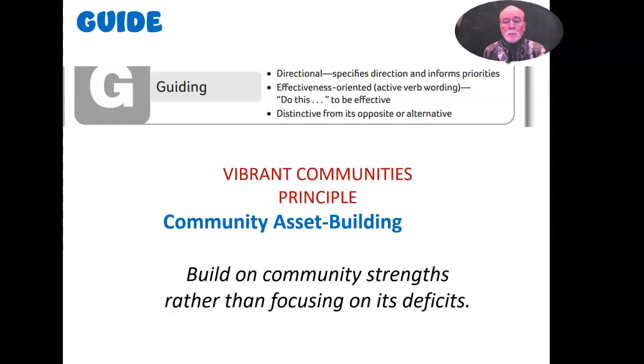So when we look at the Vibrant Communities principle of community asset building, the principle is to build on community strengths rather than focusing on its deficits. That provides clear direction. Seek strengths, identify strengths, build on strengths. It uses an active verb, build, and it's distinct from its opposite, which is to focus on deficits or problems. Build on community strengths rather than focusing on deficits illustrates the G, the guiding nature of a good principle.